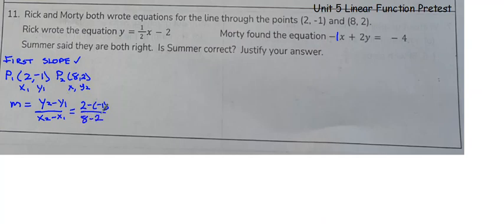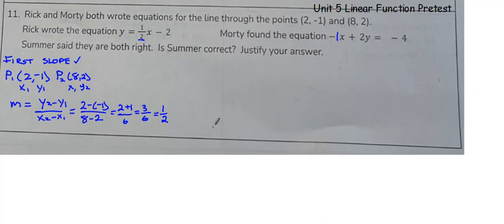So this gives me 2 plus 1 over 6, which turns into 3/6, which reduces down to 1/2. So I know that's the slope of the line. And that corresponds to what Rick wrote. There's the slope that he's got.